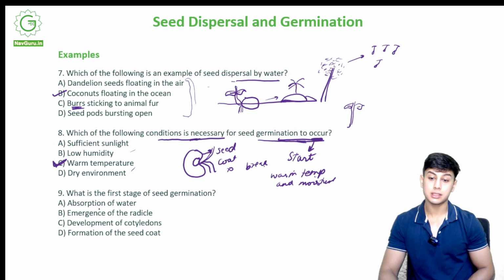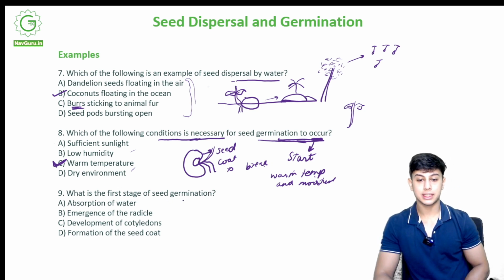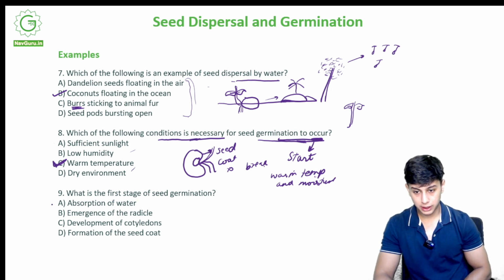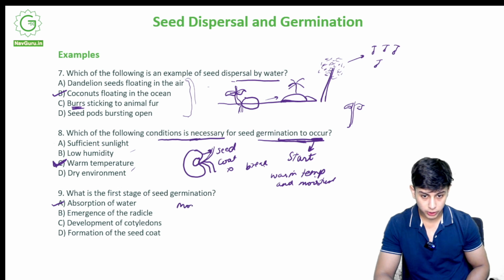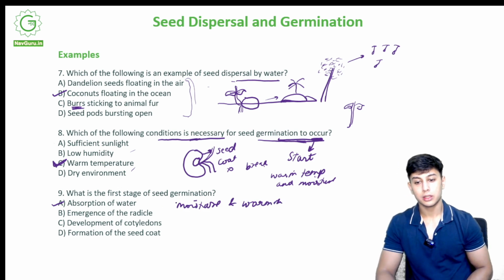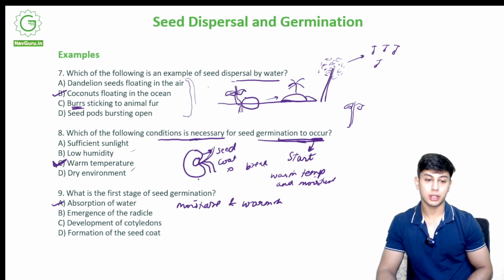Alright, cotyledons. What is the first stage of seed germination? The correct answer is option A. Absorption of water. I told you it needs moisture and warmth. Okay, so absorption of water.